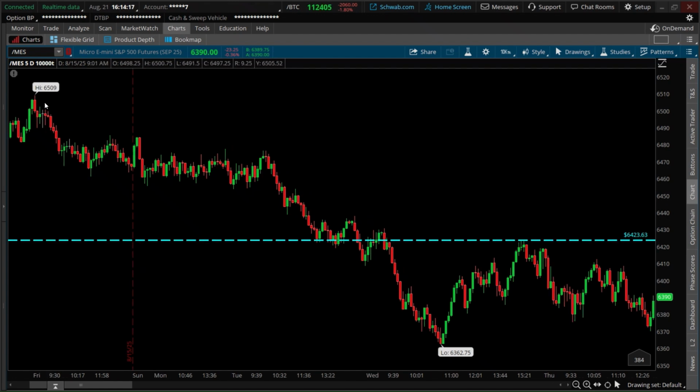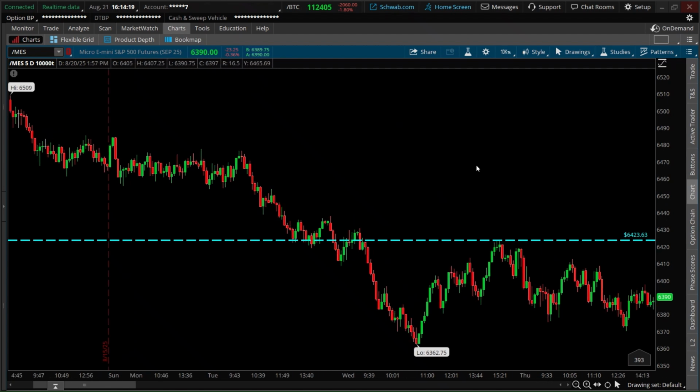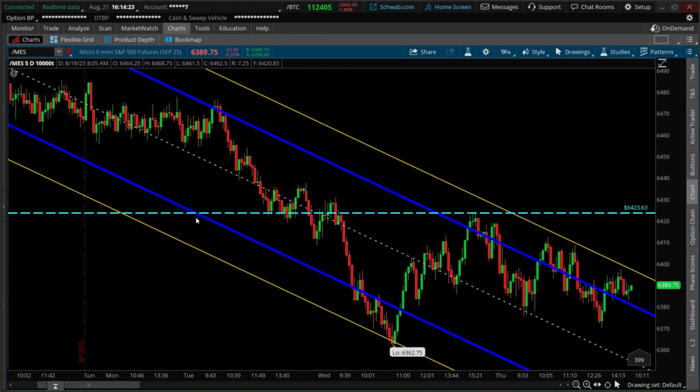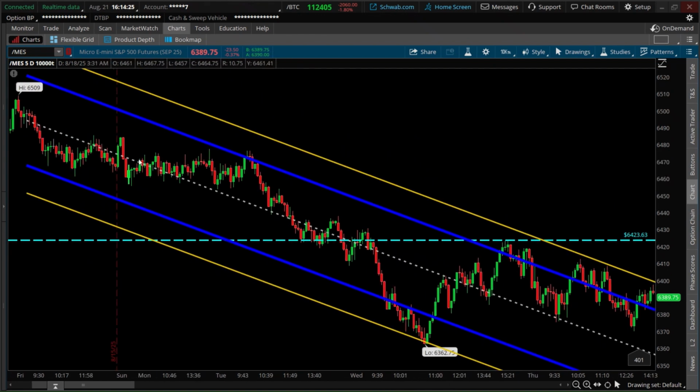So using this high as an anchor point to the current spot price, it appears that current market structure is inside this descending channel. Now, the solid blue trend lines are where a majority of the price action has been ranging. The yellow trend lines are one standard deviation.